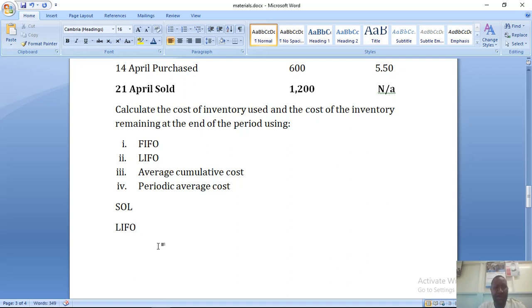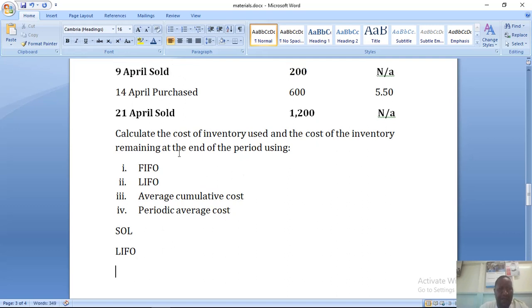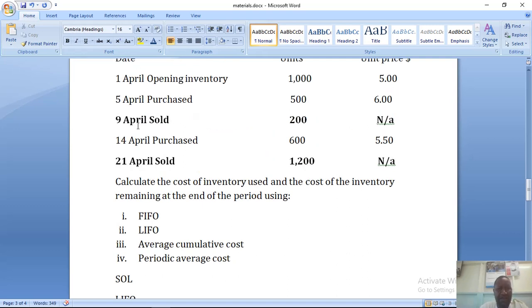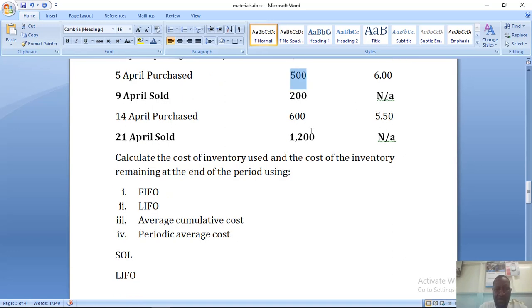Last in, first out. So the 200 units that we are issuing on the 9th of April will come from the latest consignment received, and the latest consignment received is the 500 units that were received on the 5th. So we issue 200 units from that, at the price of $6 per unit.